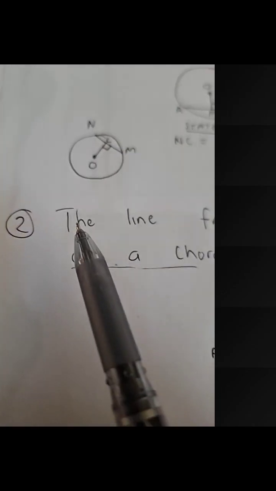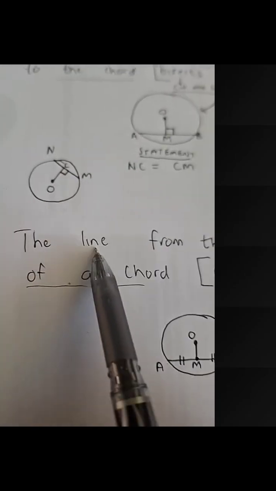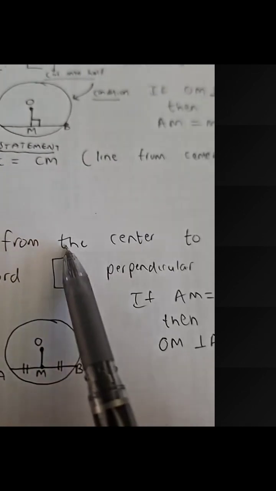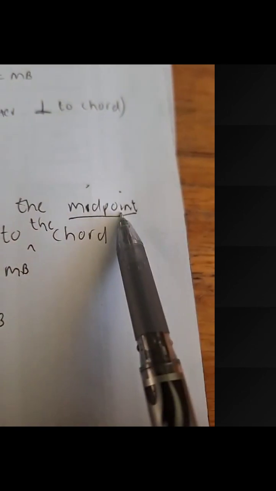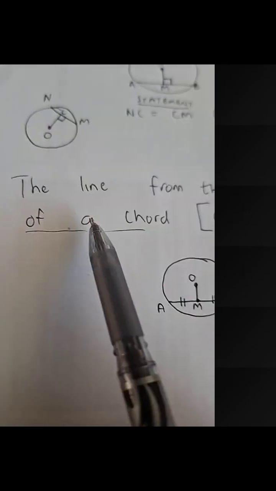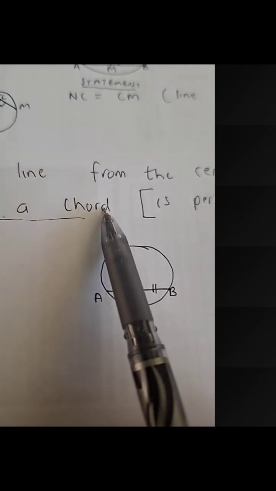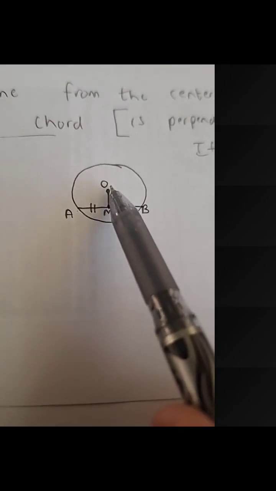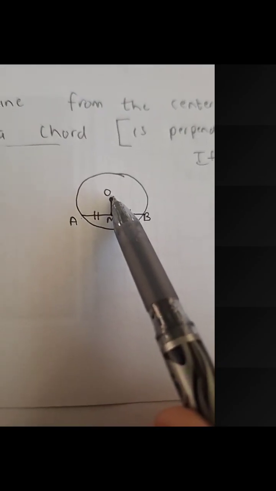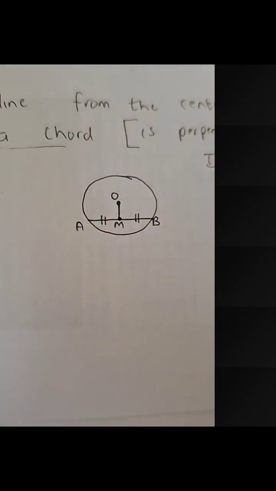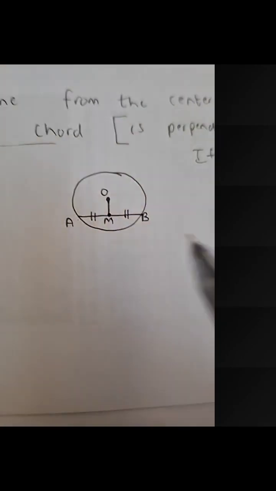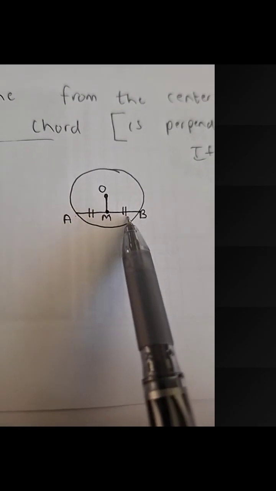I repeat, the line from the center to the midpoint of a chord. So this line is from the center to the midpoint of a chord. The minute they say to the midpoint of a chord, that is basically stating that AM is equal to MB.